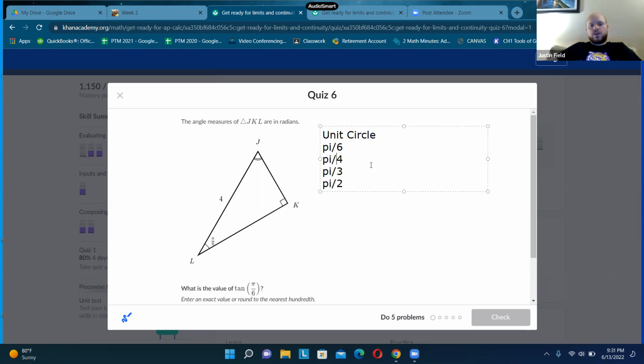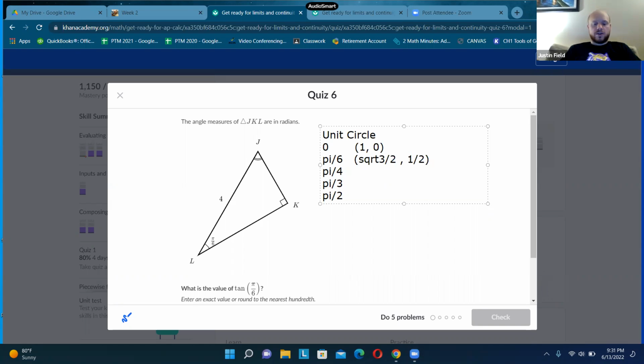So what are the coordinates of these? The coordinates of pi over 6 are the cosine. Oh, of course, 0, right? What are the coordinates of 0 degrees or 0 radians? 1, 0. And then pi over 6, we know is square root 3 over 2, comma, 1/2.